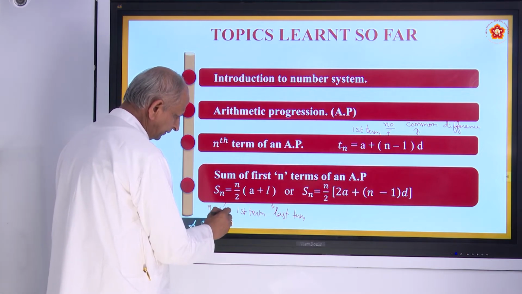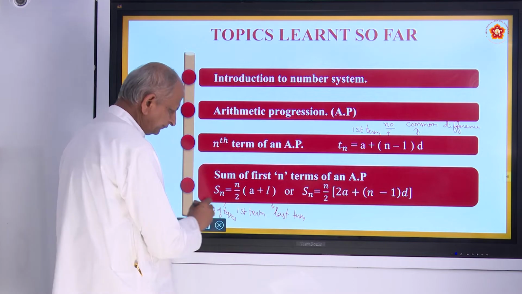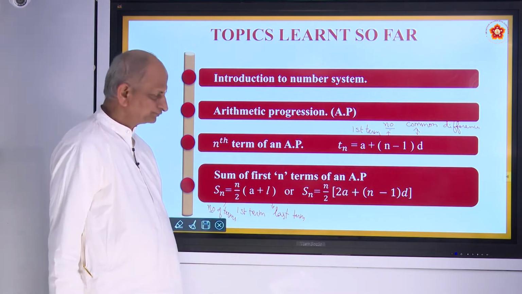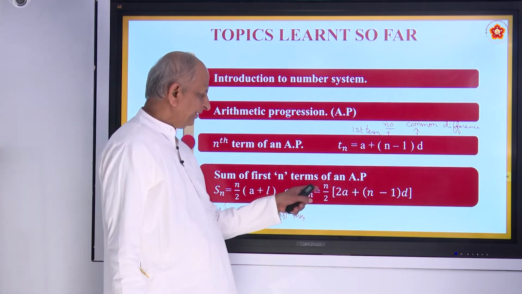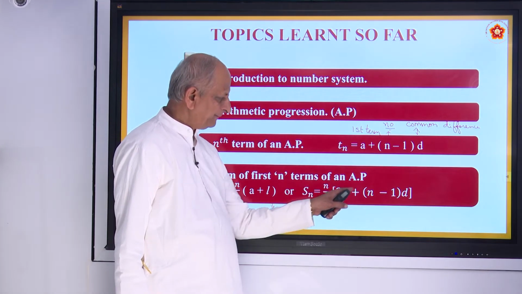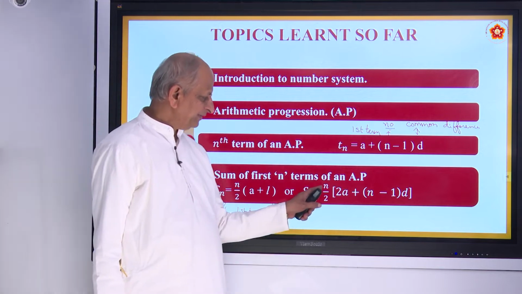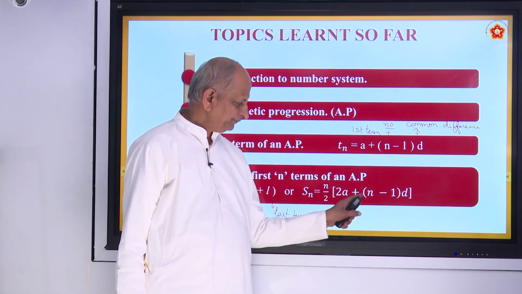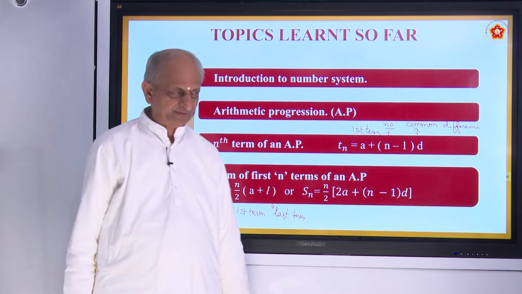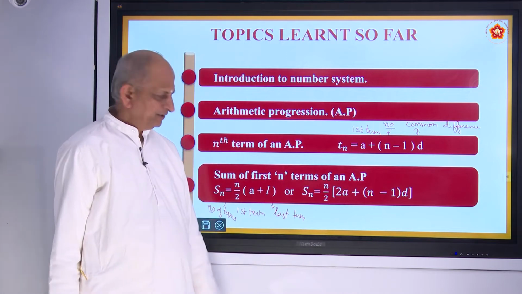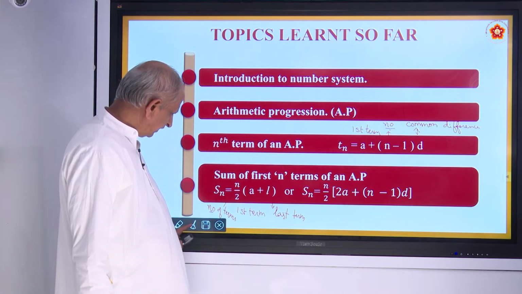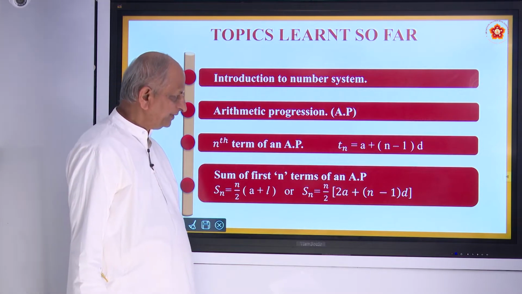So, if you are given the first term and last term, you can use this formula. Sn can also be written as n by 2 into 2a plus n minus 1 into d. Again, n means number of terms, a is first term, d is common difference. Is it alright? It's just a glance into the previous syllabus.